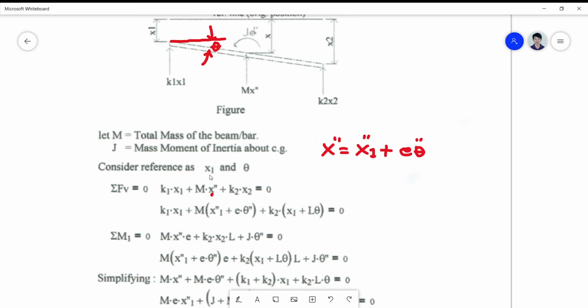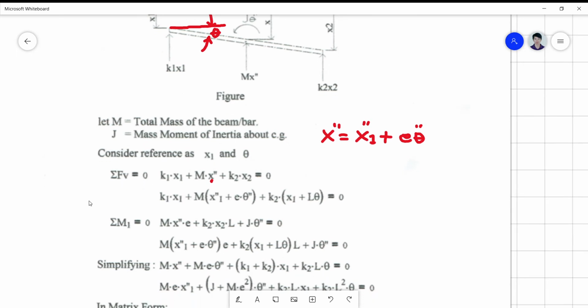So this is now our coordinate of reference that you consider.